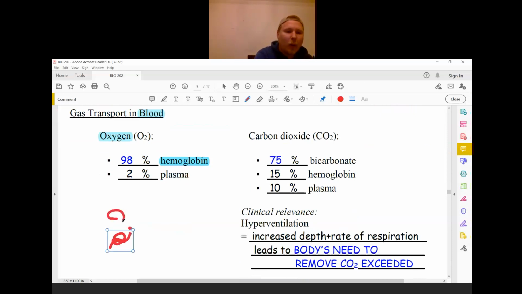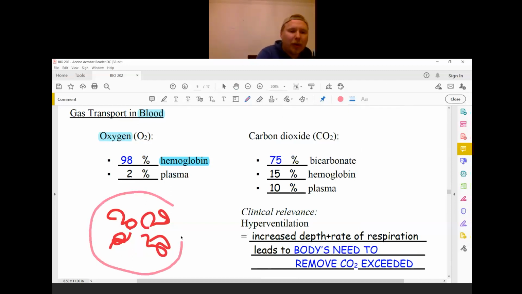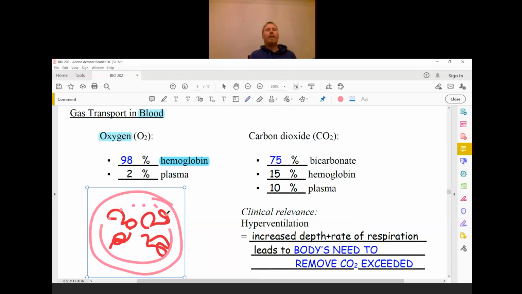That allowed one oxygen to tie into each of these heme groups. So in total, a single red blood cell was able to transport about 4 oxygen molecules at the maximum. The remaining 2% or so is transported dissolved in the plasma.